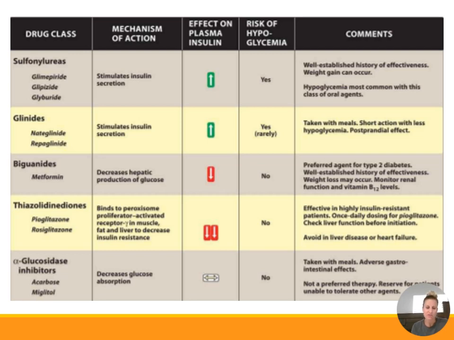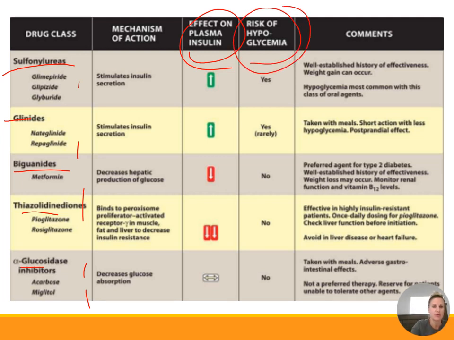This is just a nice chart, this slide and the next slide. I'm not going to read through all of it with you, but this is a nice place to refer to organize all of the drugs. It's organized by drug class, and then you can see the specific agents that are listed, their mechanism of action. You see the effect on insulin. So if they increase insulin, decrease insulin, no effect, etc. And then their risk of hypoglycemia.